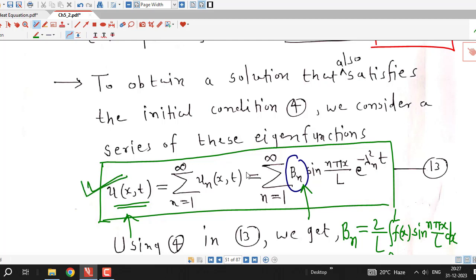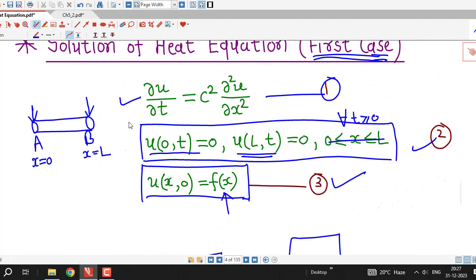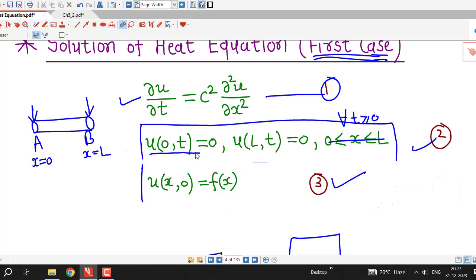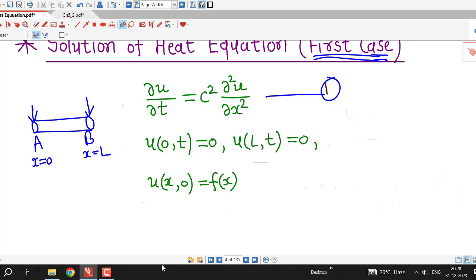We will remember this solution, that if we have certain types of boundary and initial conditions, then the solution is given by this formula. Using that standard solution we will be able to obtain the solution of a given problem which satisfies this particular type of initial and boundary conditions.